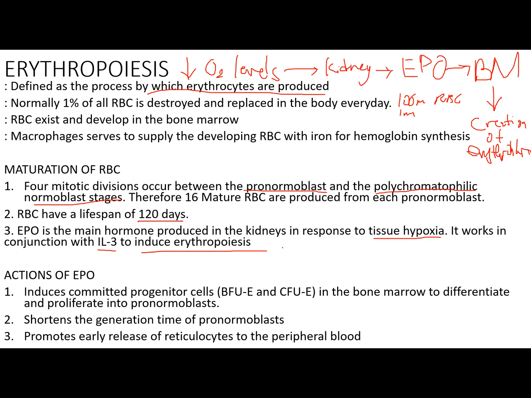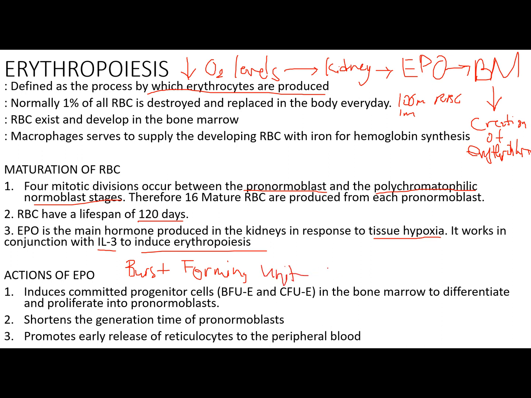differentiate and proliferate into pronormoblasts. Pag sinabi mong BFUE, class, ito yung tinatawag nating burst forming unit, class.